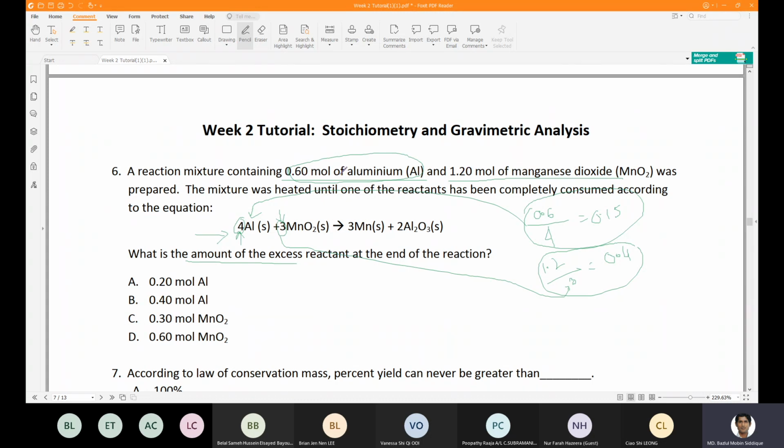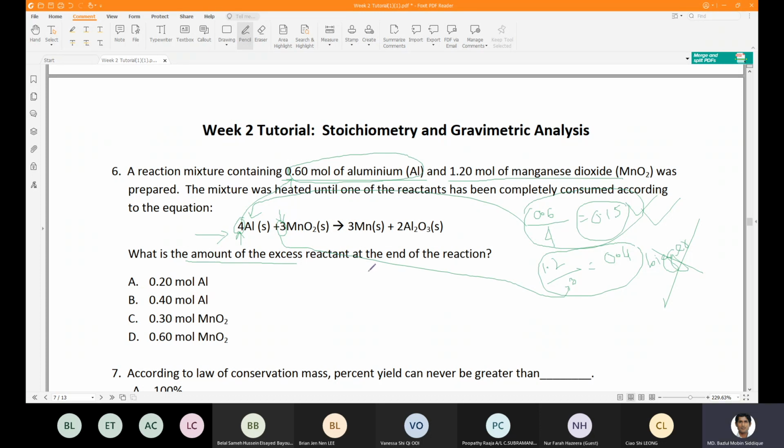So I have to divide aluminium number of moles by aluminium coefficient, and magnesium dioxide moles by magnesium coefficient, and it is 0.15. So that is the limiting reactant. The other is a bigger value, so it cannot be the limiting reactant. Aluminium is the limiting reactant here.